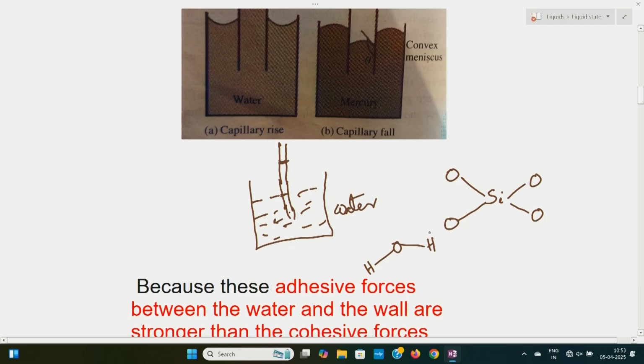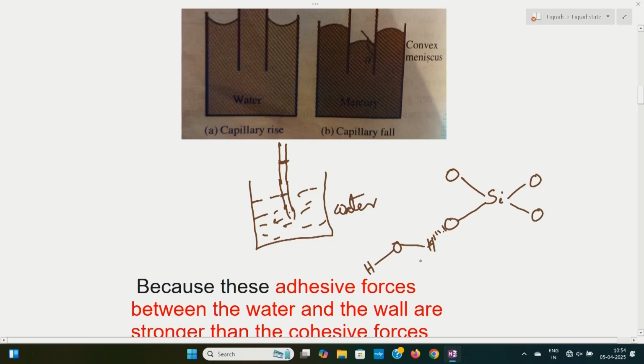When the glass and water come together, there will be strong adhesive forces between the oxygen of the silicon dioxide and the hydrogen of the water molecule. This is the adhesive force, that is, the force between two different molecules, silicon dioxide and water.